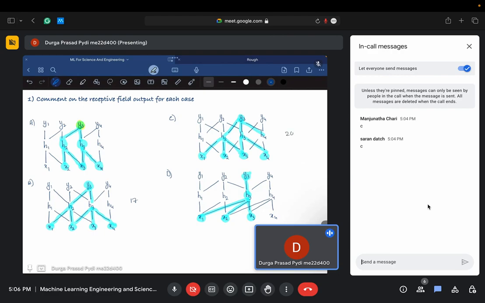So you are able to get the same receptive field both with 17 weights as well as 20 weights. Computationally this is better than the third option. But whether it will be able to capture the outputs depends on the data set you are trying to use this model on, which we will not go into. For now, I think the concept of receptive field is clear, so we'll go to the next question.